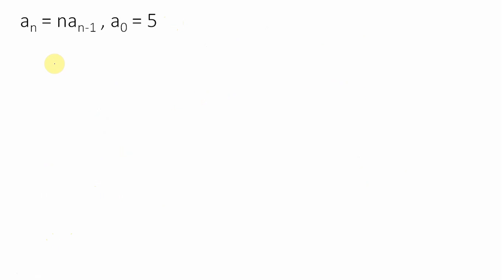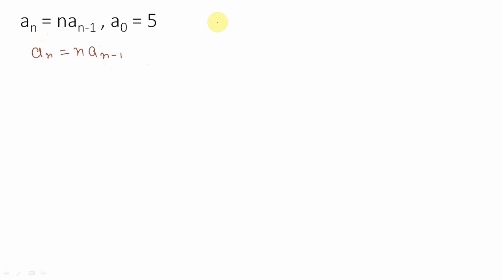Let's take another example. a_n is equal to n a_{n-1}, a_0 is equal to 5. If you remember, this was the example which we talked about earlier. Now, it has been given a_n is equal to n a_{n-1}, right?